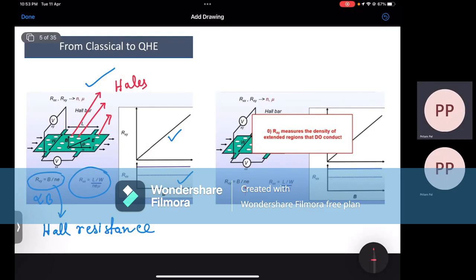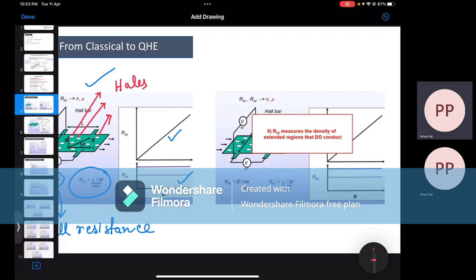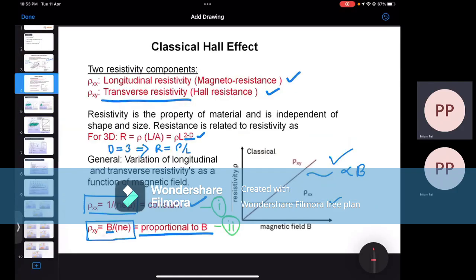This is the very important part. If we go back to our earlier equation on the previous slide, how will this resistance depend on the width?